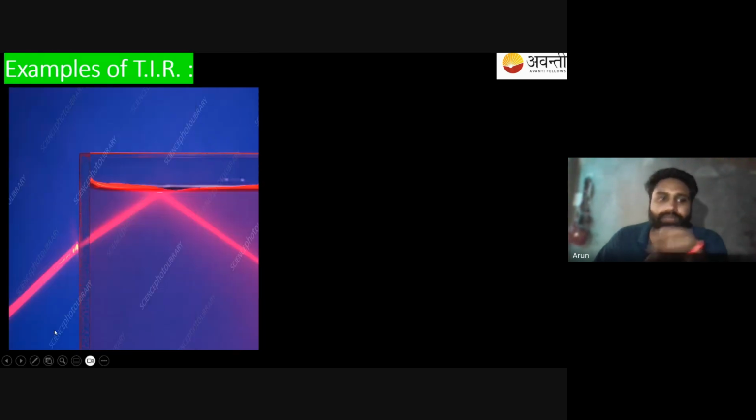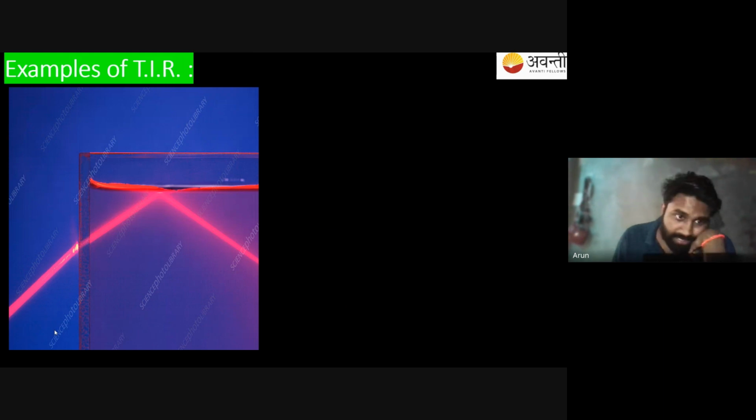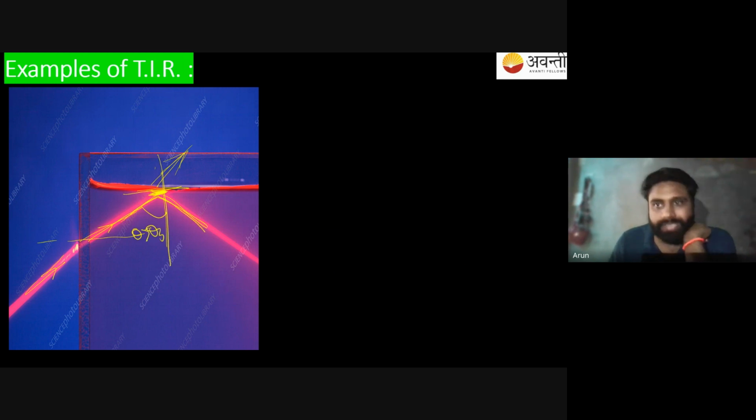Examples of TIR you can see in this. This ray is coming. It moves towards the normal because it is entering the glass, and glass is denser. At this boundary, it is air outside. So this ray has an angle theta greater than theta c, for which it gets completely reflected.